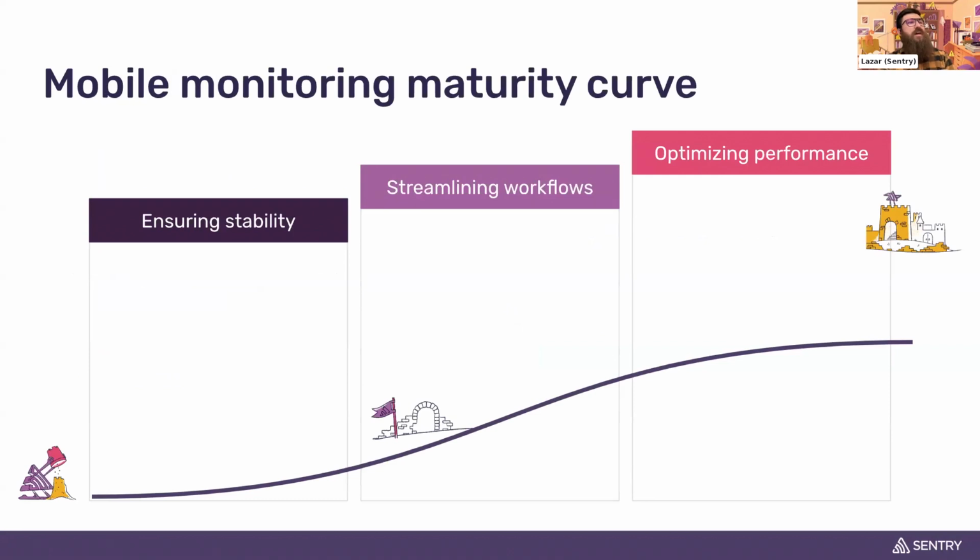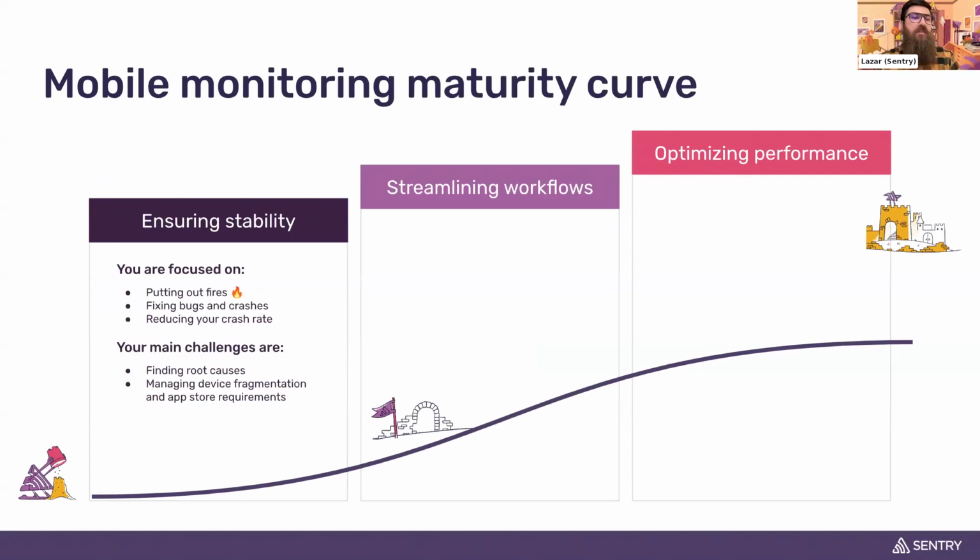So this is something that I bet every engineer goes through naturally, whether they're seniors or juniors. Whenever you're just starting out with monitoring, you're gonna follow this maturity curve. So for example, at the beginning, you want to ensure stability. You want to make sure that your app is stable, right?